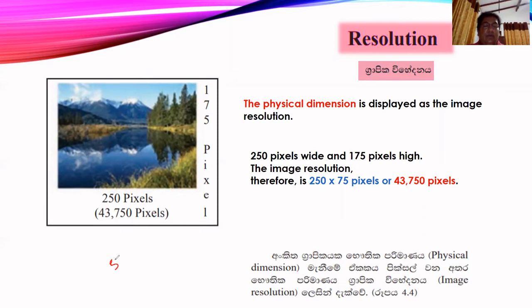Write px for pixels, and they give ppi, meaning per inch. Normally they have given 5 ppi. A question will be given like this. So what do you mean by that? 5 pixels per inch. Within one inch there are 5 pixels. That is the meaning.